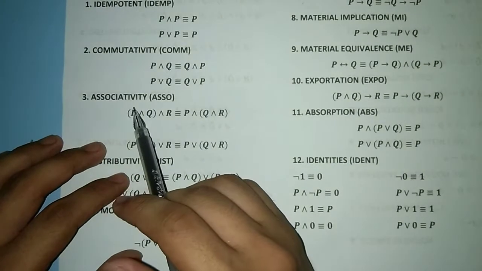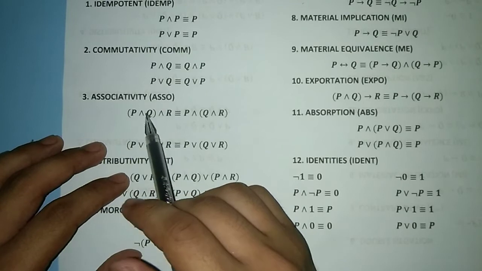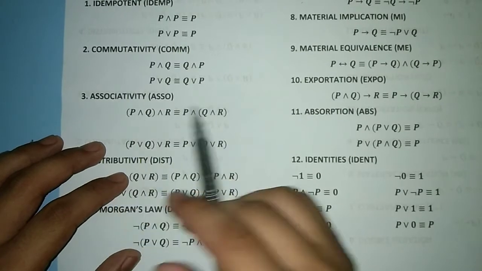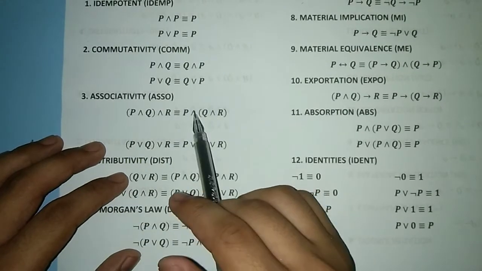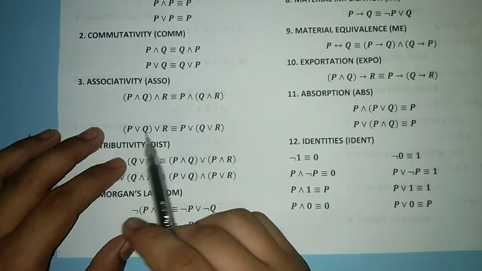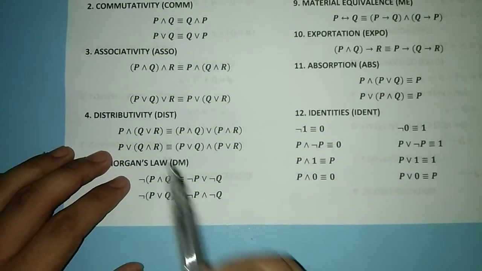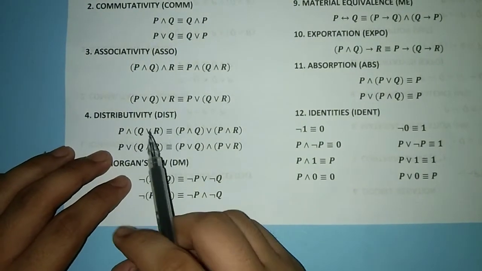So number 3, associativity. We have P and Q and R. So dito, yung grouping symbol sa P and Q mapupunta kay Q and R. Okay? So take note na dapat parehong and at parehong or. Same sa disjunction. Okay? Next, distributivity or dist.